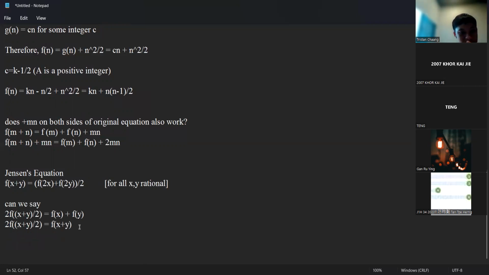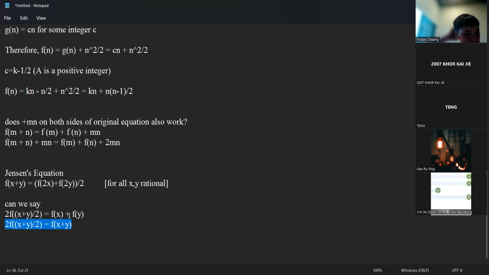And yes, then there's a second approach as well. Let's focus on this approach first. Can we say this is equal to this? This is from the definitions, from the equation. And this one is where you let x equals y equals x plus y over 2. I mean, a equals b equals x plus y over 2.